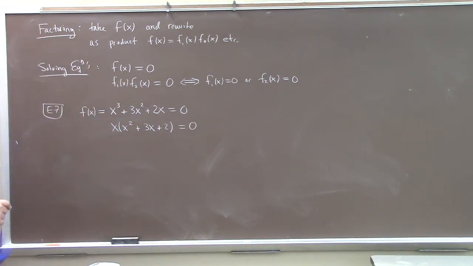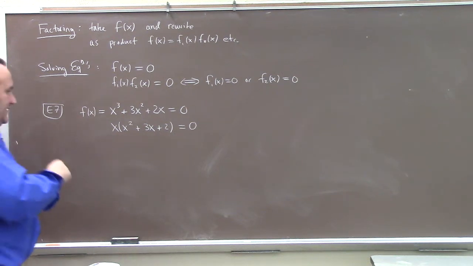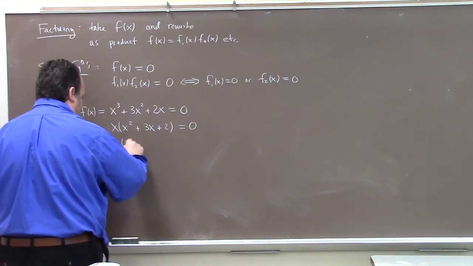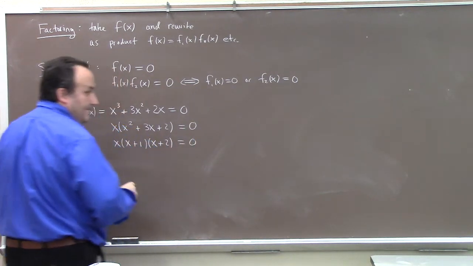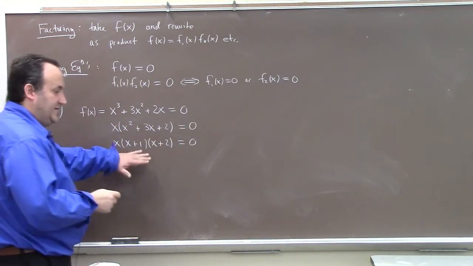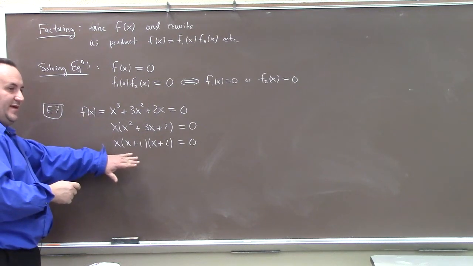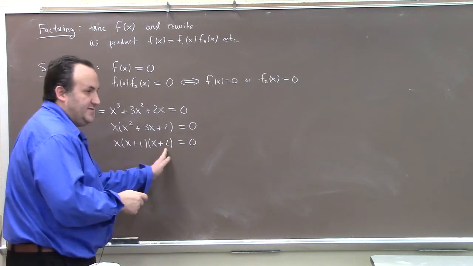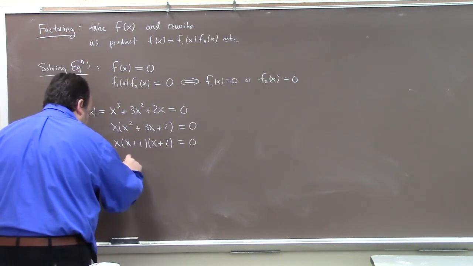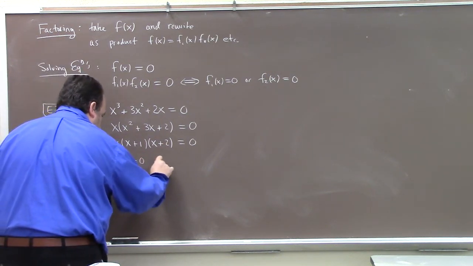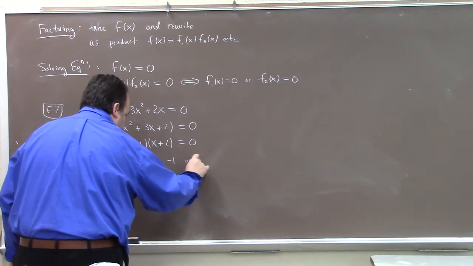I can tell from that that x equals 0 is a solution, right? One more step. So this is x times x plus 1 times x plus 2. So how can I solve this equation? By making any one of these three factors 0, right? So this tells me x equals 0, or minus 1, or minus 2.